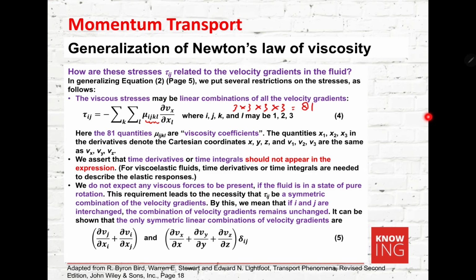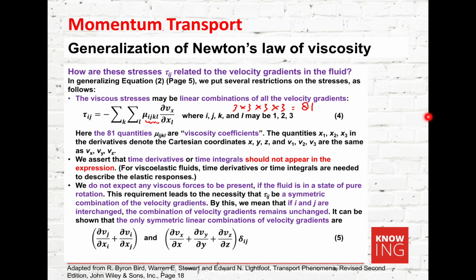And then we can assume that the time derivative or time integral should not appear in the expression. And then we have another assumption that we do not expect any viscous force to be present if the fluid is in a state of pure rotation. Okay, so that means that tau ij should be a symmetric combination of the velocity gradients.